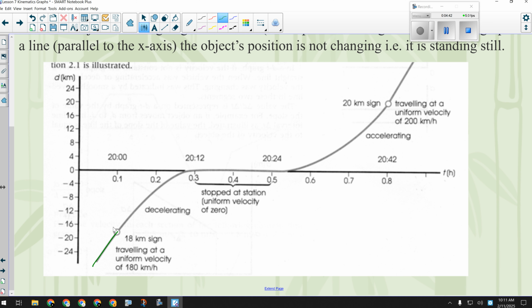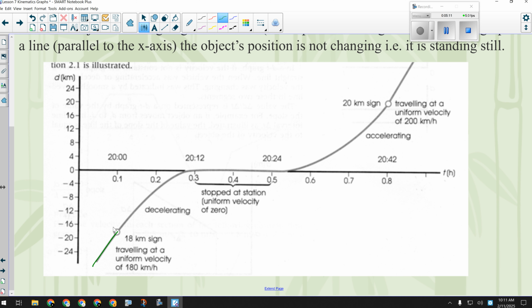If that line continued over several hours, we would see that every hour it went 180 kilometers forward, or north, or whatever it happens to be. Everyone follow me there? So any diagonal line is indicating a constant change of y over x. On a position versus time graph, a change in position over time is velocity. A constant change is velocity.